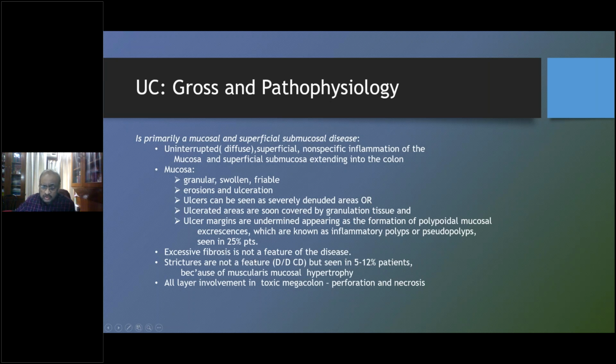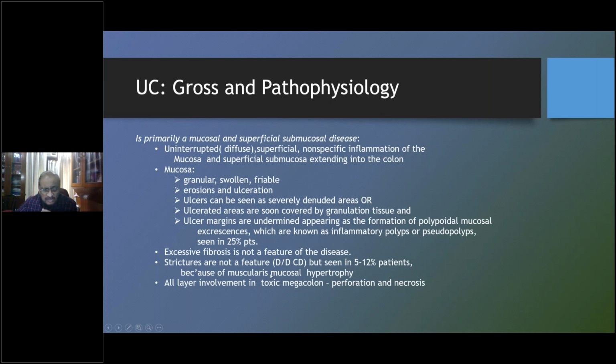Excessive fibrosis is not a feature of the disease, and strictures are usually not a feature. They are more commonly found with Crohn's disease, but they are found in 5 to 12% of patients with ulcerative colitis. And what is very important is that if you find a stricture, always rule out a carcinoma of the colon. And the stricture that you find in these patients of ulcerative colitis is not really a fibrotic stricture.